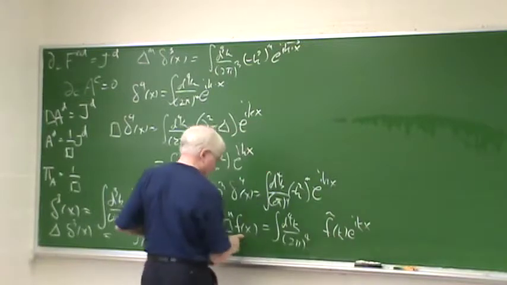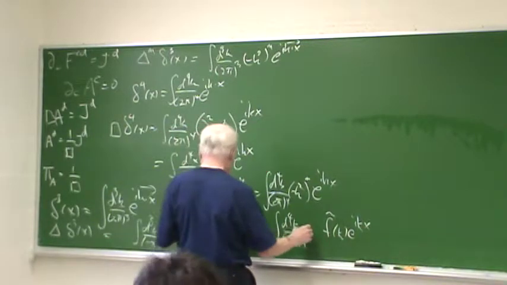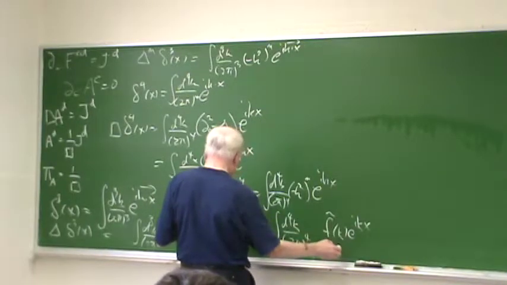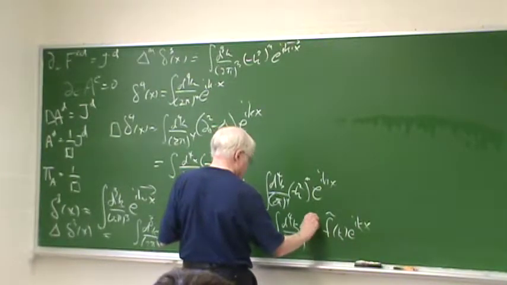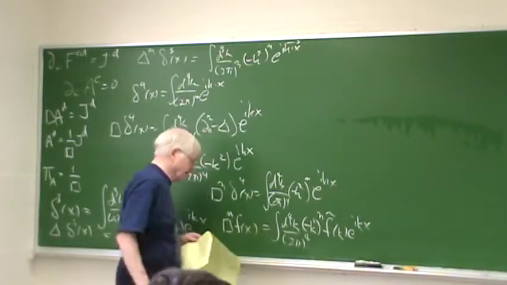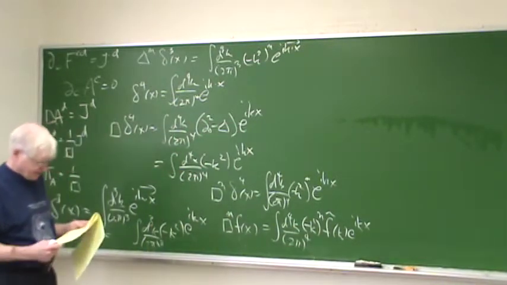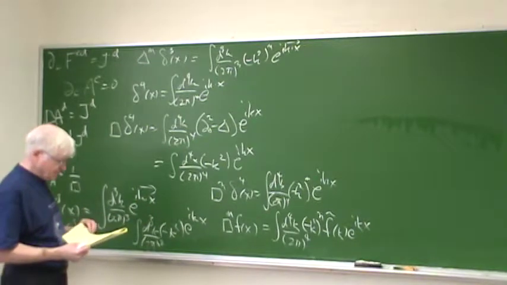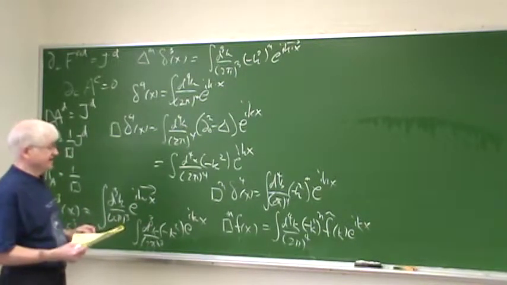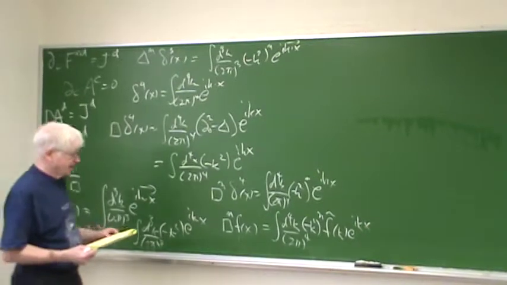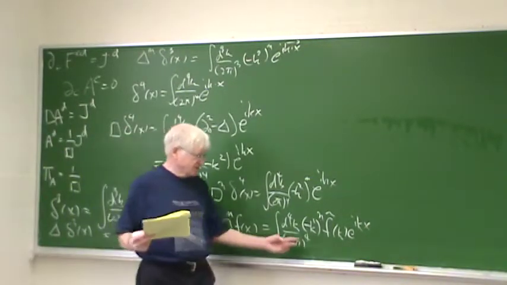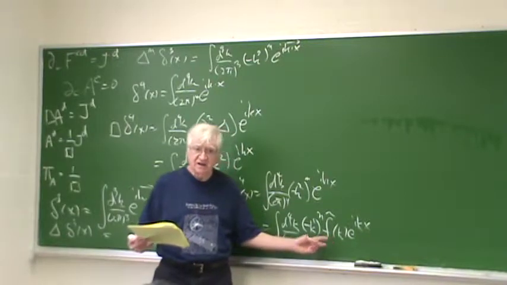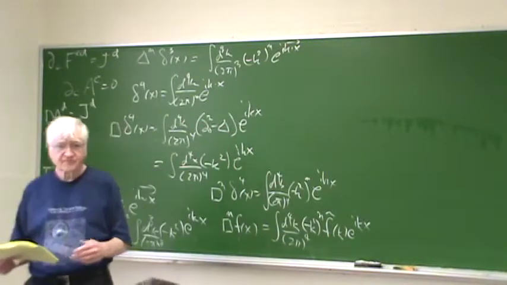This is the Fourier transform of f, and then we have box to the n here, and box to the n brings down minus k squared to the n. So again, this makes sense only if f is smooth at the origin, which is to say that this thing goes down rapidly at large k. Any question?